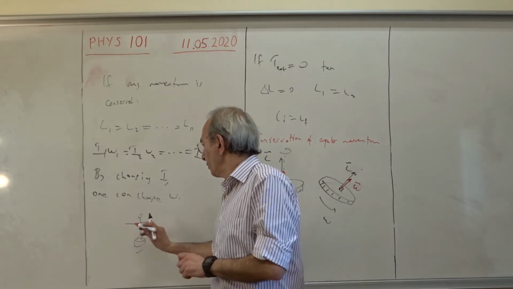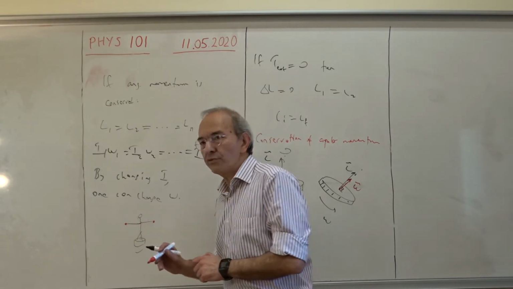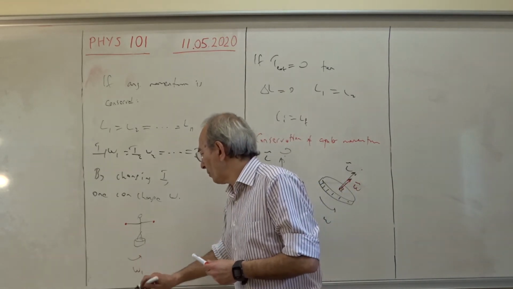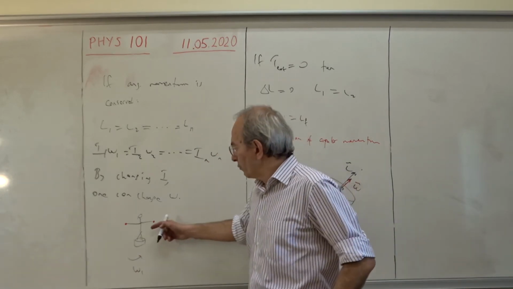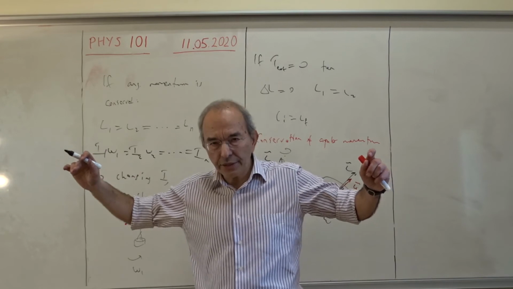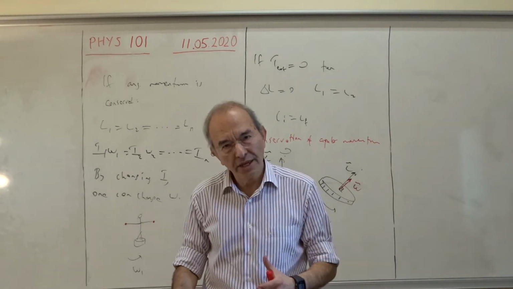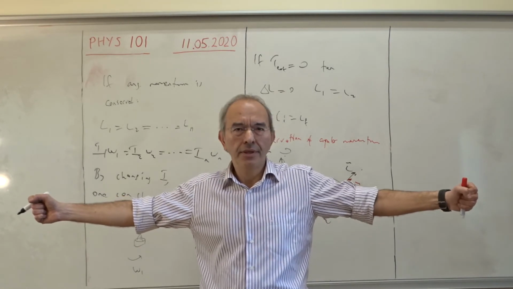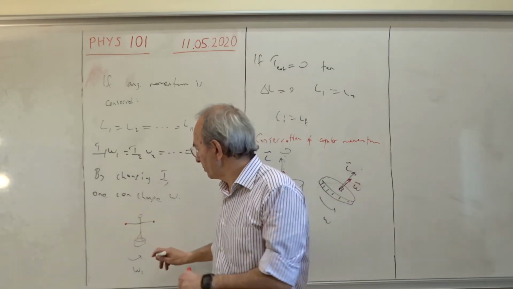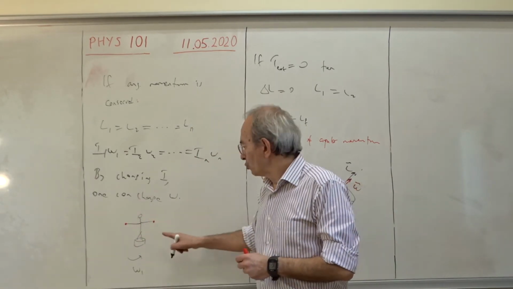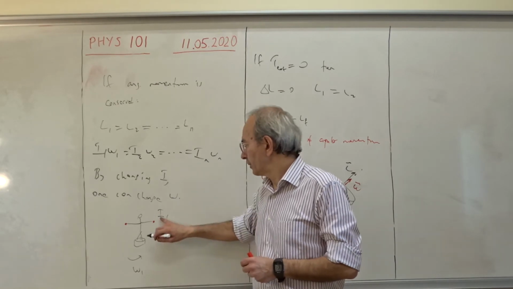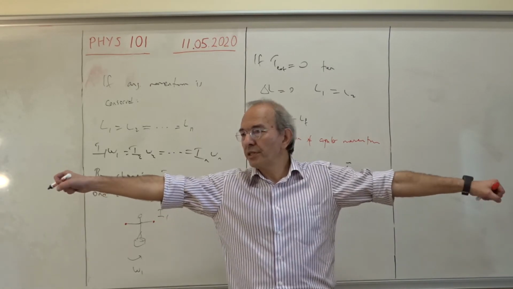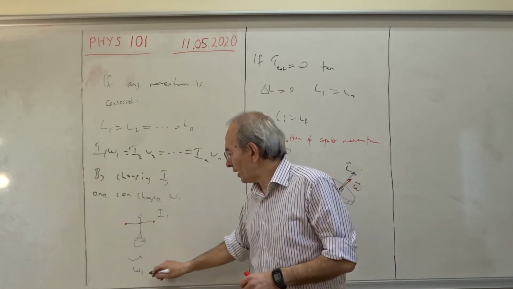You hold two dumbbells, and you are turning with some omega 1, standing on a turntable, or some friend is turning you. So you have a certain I1. I1 consists of your body and your arms with the dumbbells. Alright? So you are turning with omega 1.